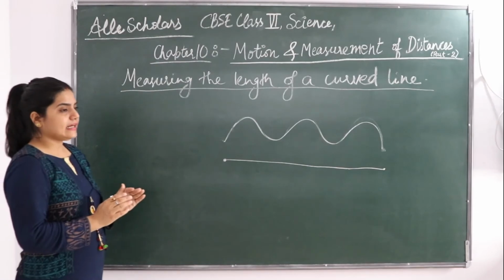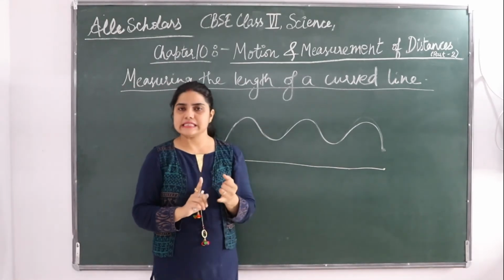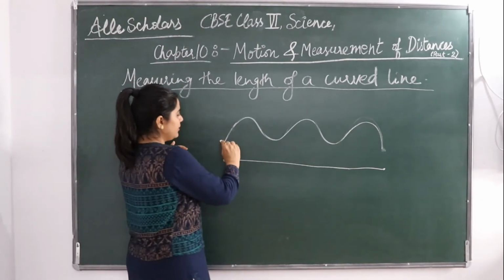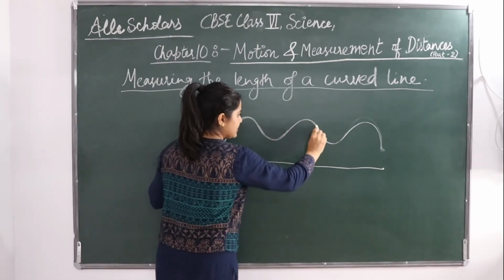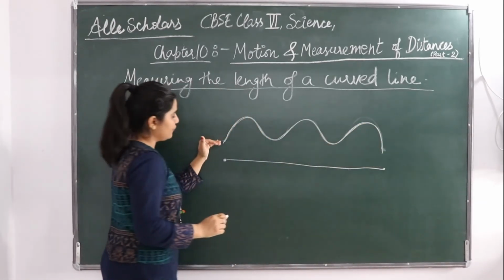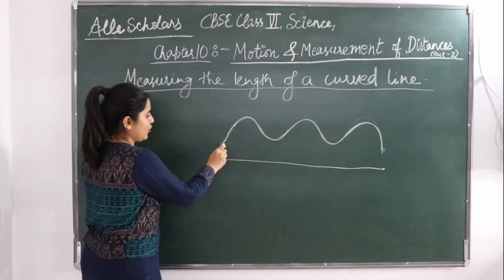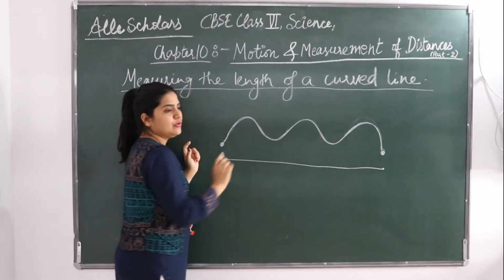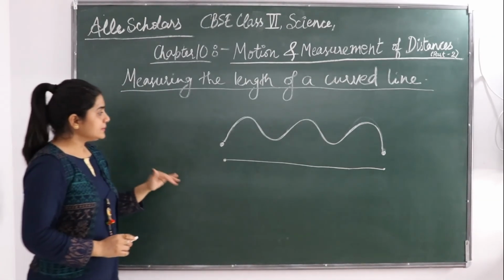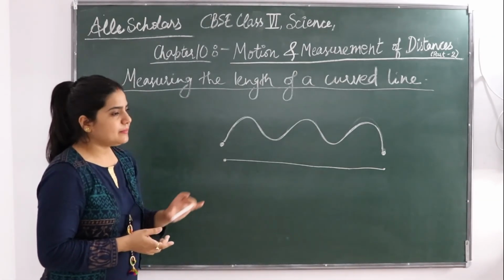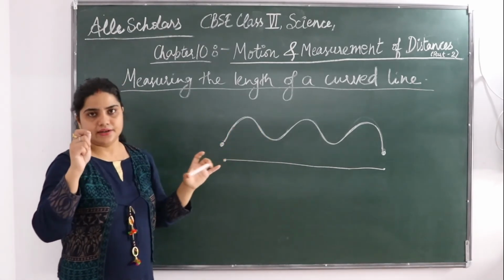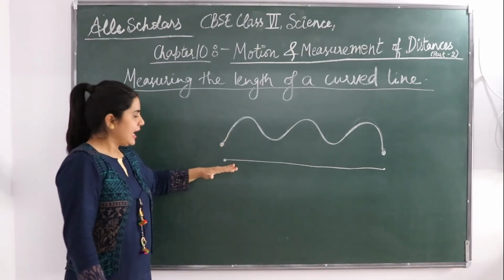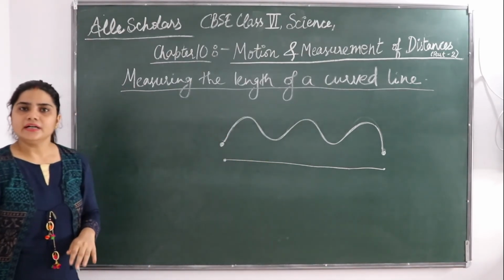So what do we do for a curved line? First, you cannot measure a curved line with a meter scale. Take a string or a thread, and the way your curved line goes, measure the whole thing like that, from one end to the other end, tying a knot of a thread here and here also. Keep that at the beginning until the end. Then stretch out the length of the thread fully and measure it using a meter scale.